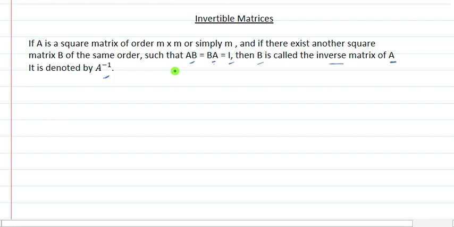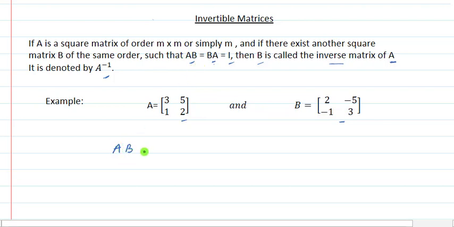To show this, let me take one example in front of you. Here in this example, we have taken two matrices A and B. Let me find out the product AB. As we have already discussed in the previous video how to calculate a product, by using the same method, let us find the product of these two matrices.